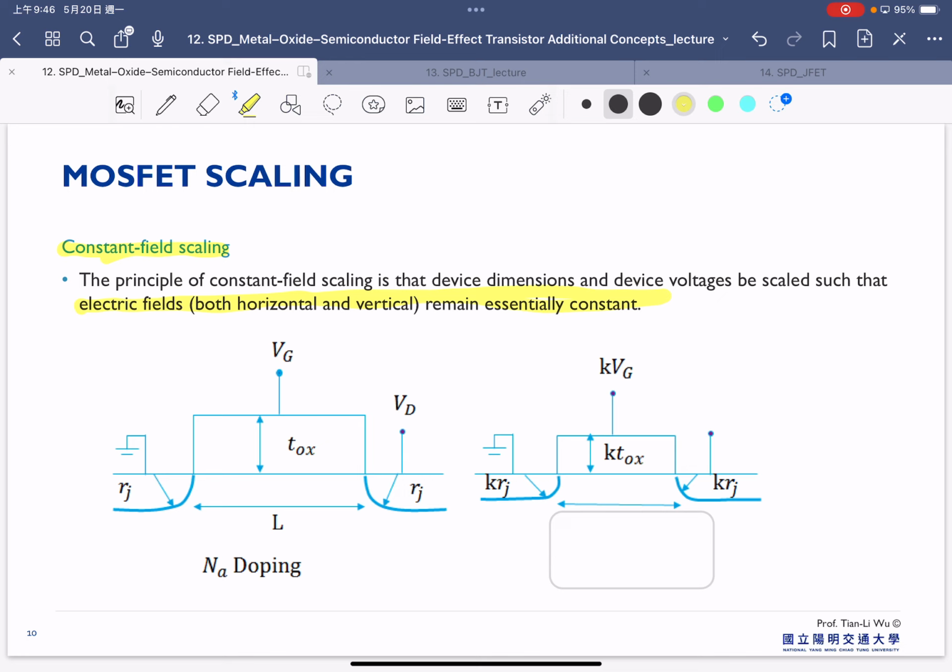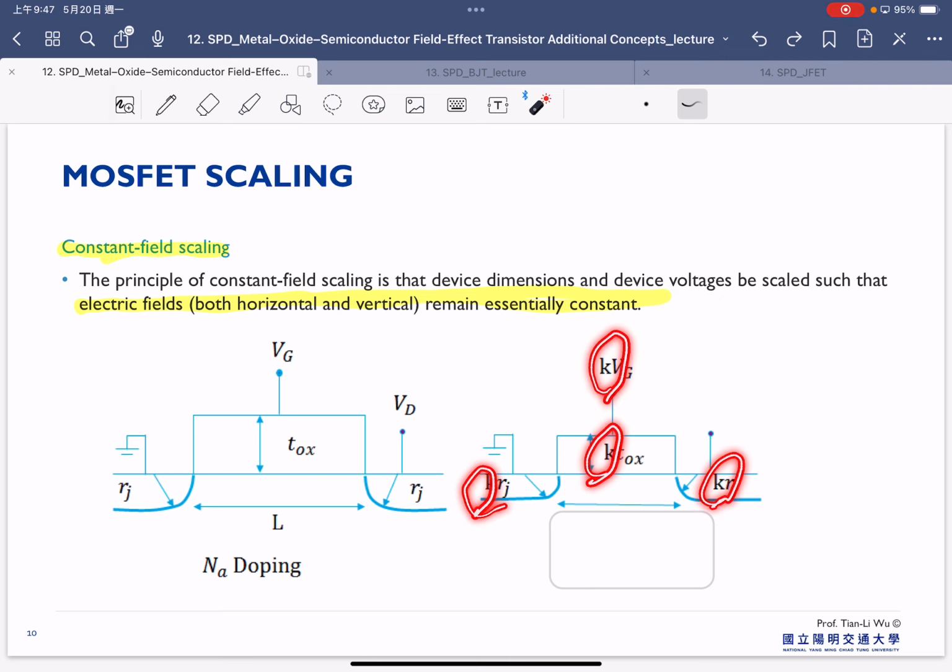So for example, if we have a device like here, this is the oxide thickness, this is our channel length, and this is our junction depth. In the early time, we considered constant factors to reduce these in the sense that we can maintain the same electric field.